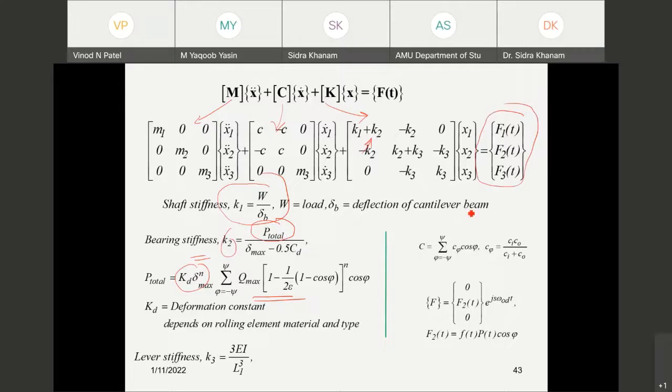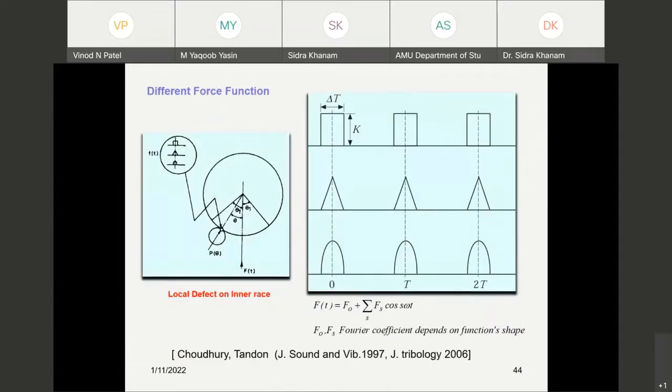If a defect is available, in that case the value of Ft cannot be 0. Here the impulse values for defect impulses have been provided in this way. Suppose a defect is available on the inner race, so when the ball comes into contact with that particular defect, some impulse or force function is generated, which can be rectangular, triangular, or a half sine wave.